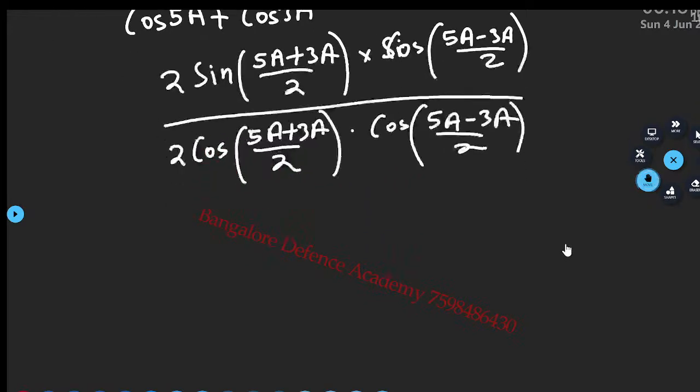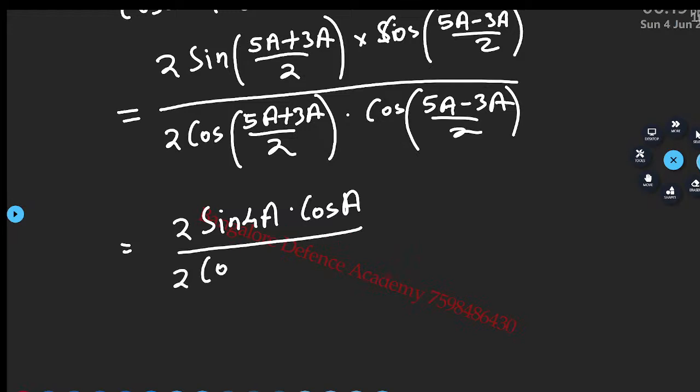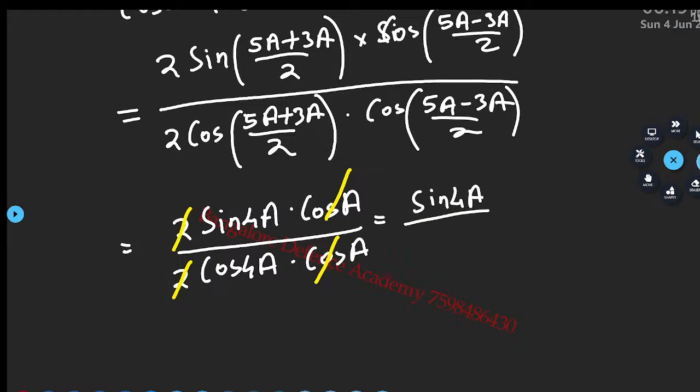Okay, so now here 5a plus 3a is what? 8a. 8a by 2 is what? 4a. So in this way you get 2 sine 4a into cos a. Here you get 2 cos 4a into again cos a. Cos a gets cancelled. 2 gets cancelled. What is remaining? Sin 4a divided by cos 4a is remaining. So can I write this as tan 4a? You got the RHS. That's it.